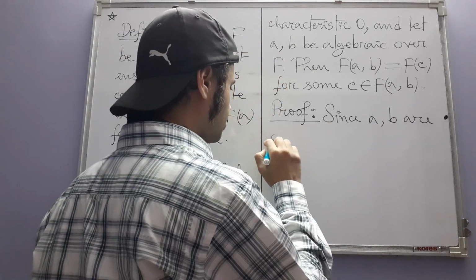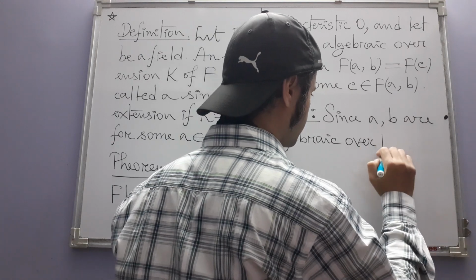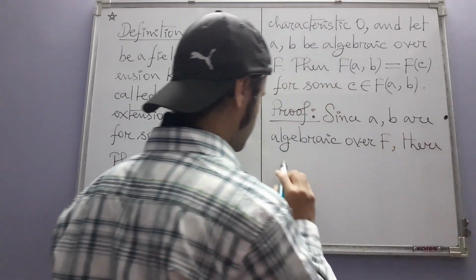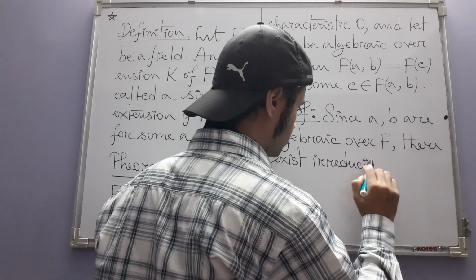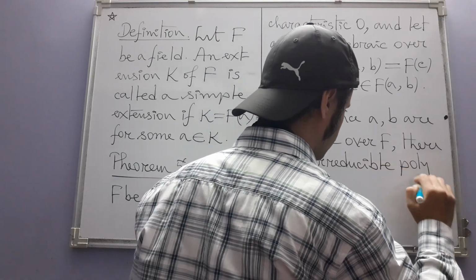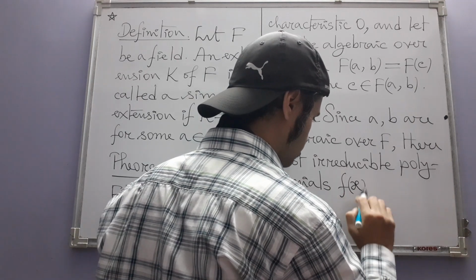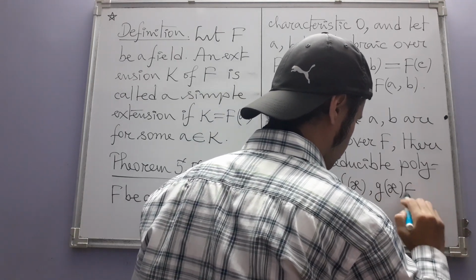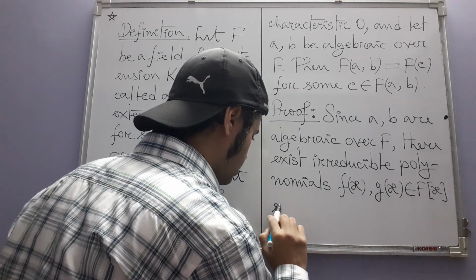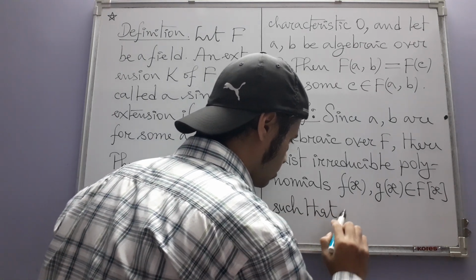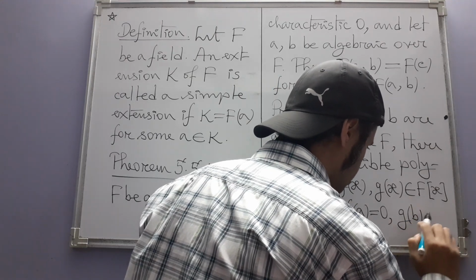Since a and b are algebraic over F, there exist irreducible polynomials over F such that a satisfies f and b satisfies g.